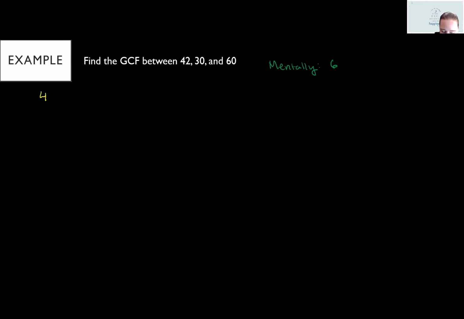I kind of wish now that I had picked different numbers, because we've already done these before. So 1 times 42, 2 times 21, I think it was 3 times 14, and then 6 times 7. Then 30, we've got 1 times 30, 2 times 15, 3 times 10, and 5 times 6.